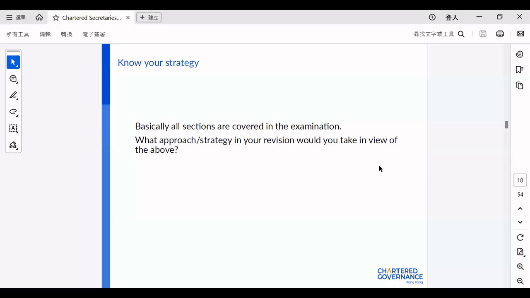If it is part of a 25-mark question, you may lose about 10 marks on that question as well. So this is not a very good idea, to not revise all the content of the syllabus.